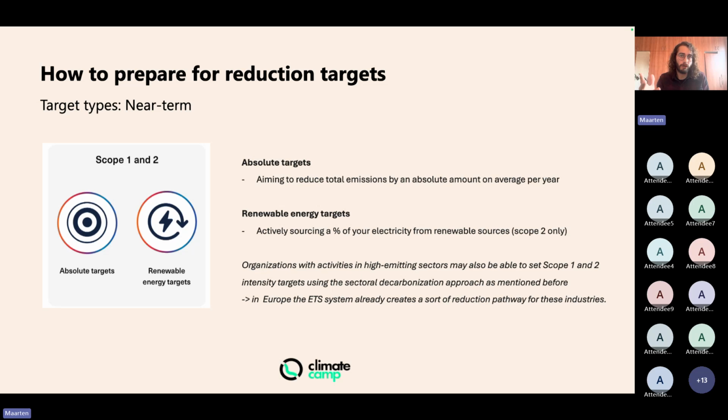This is pretty straightforward. The renewable energy target is only for scope 2. So when you source electricity, you can make a commitment to actively source a certain percentage from renewable energy, and this then covers your scope 2 purchased electricity target.